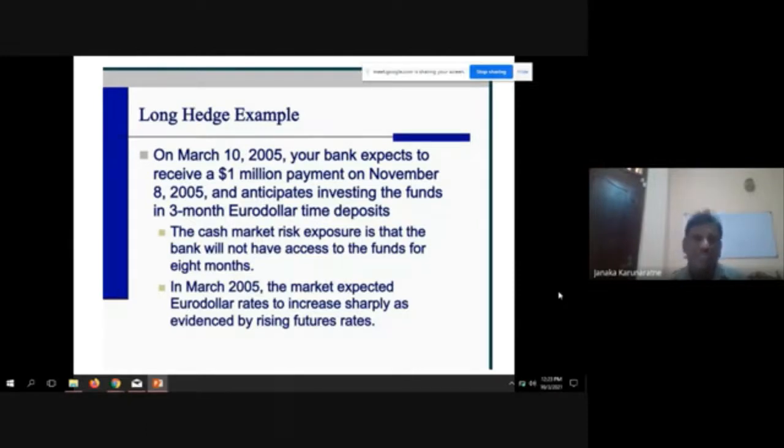So you expect to receive 1 million in November, about 8 months' time. But what you plan to do is invest this 1 million in a 3-month euro-dollar time deposit.